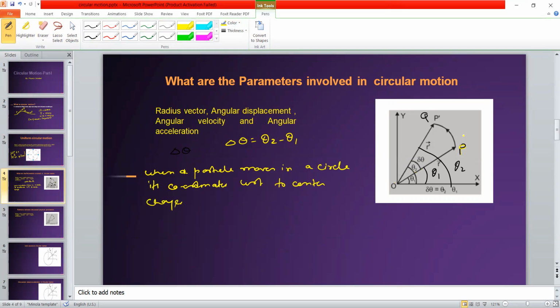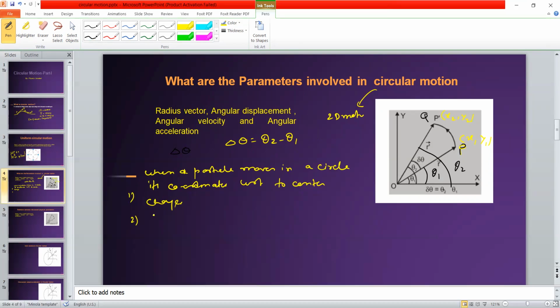Suppose the coordinate of this particle is x1, y1, and at this particular point it will be x2, y2. So circular motion is nothing but a 2D motion. So there will be a change in coordinates.